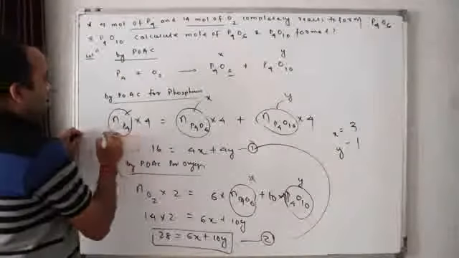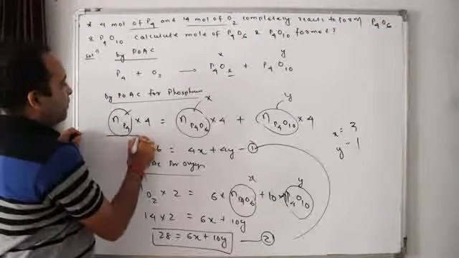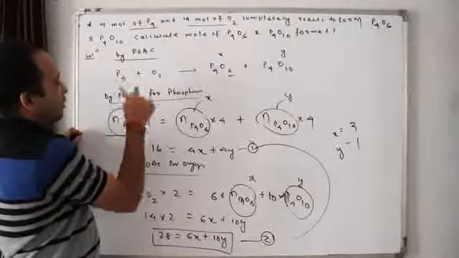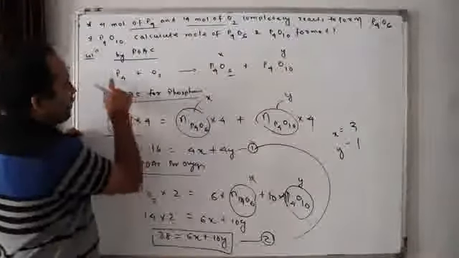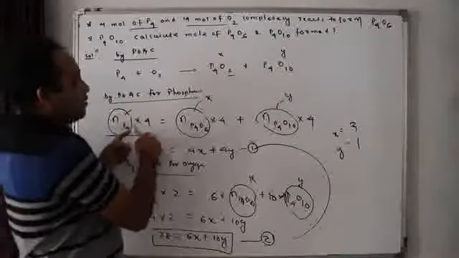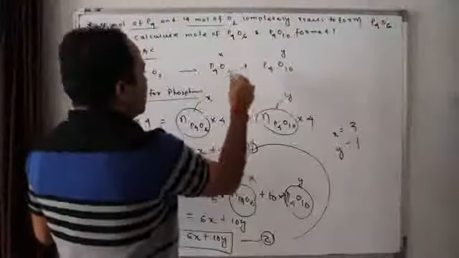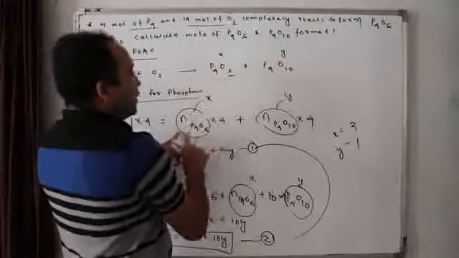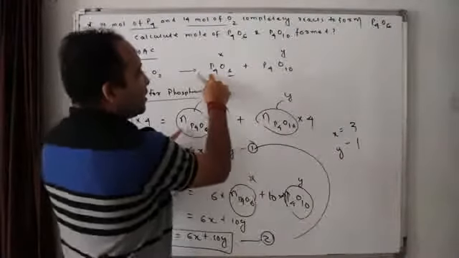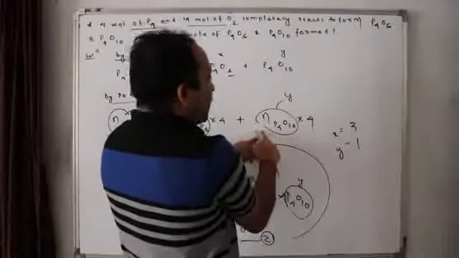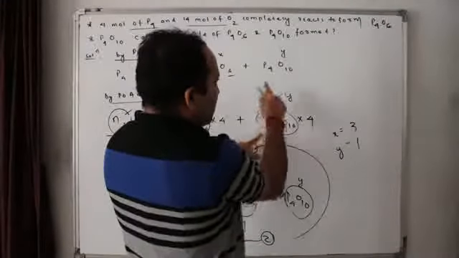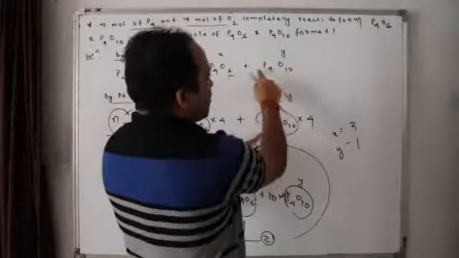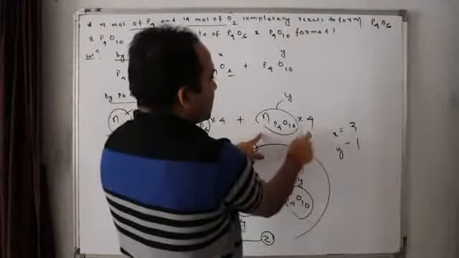In this case, for phosphorus, number of moles of P4 into number of phosphorus in it is equal to, since this phosphorus has converted to this and this, number of moles of P4O6 into number of phosphorus atoms in it plus number of moles of P4O10 into number of phosphorus atoms in it.